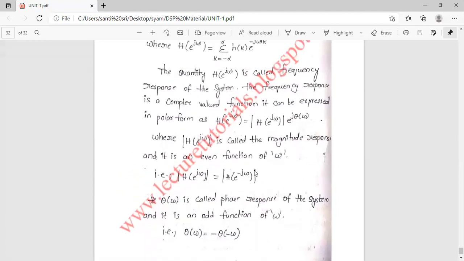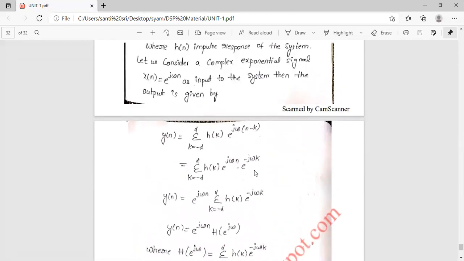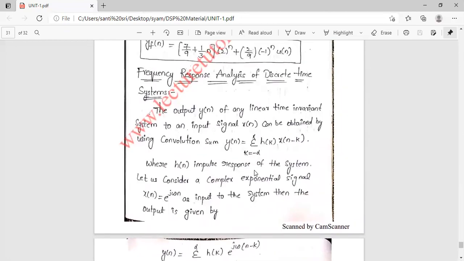Okay, so this is about the frequency response analysis of discrete time systems. For analyzing the frequency response of discrete time systems, we write the output y of n as a convolution sum of the impulse response and the input signal, that is sigma k equal to minus infinity to infinity h of k into x of n minus k.